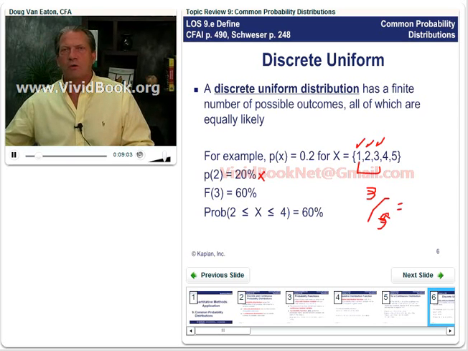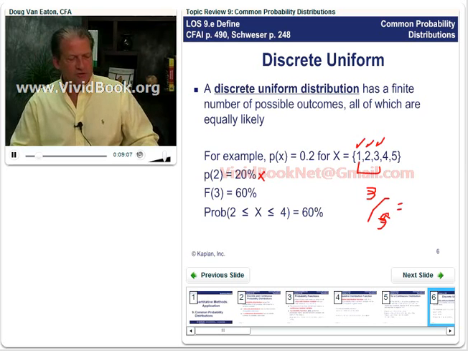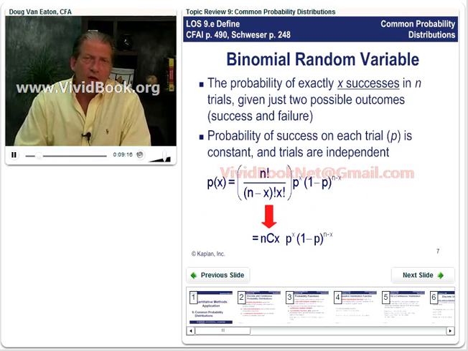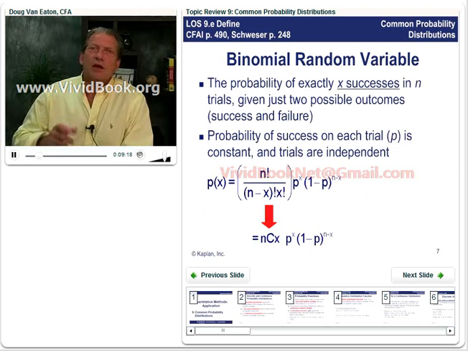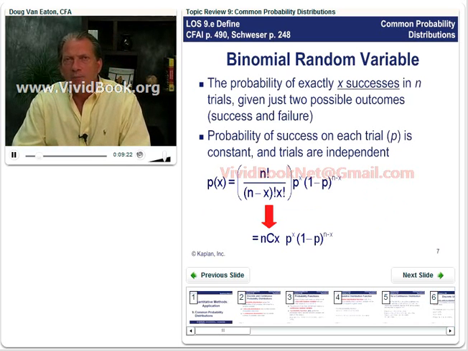They're all equal. Okay, let's get to a little more complex distribution here, and that's our binomial distribution. We're going to start by defining a binomial random variable, and the type of problems where you want to use this is when there are only 2 possible outcomes. That's the bi in binomial, 2 possible outcomes.